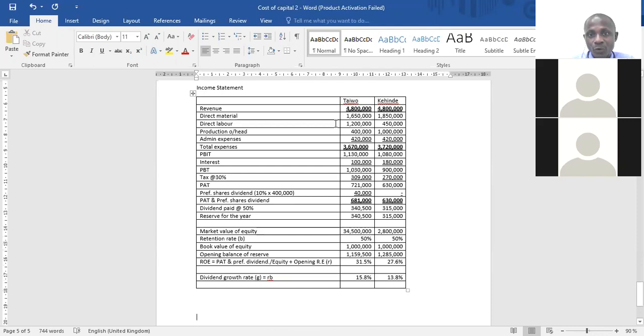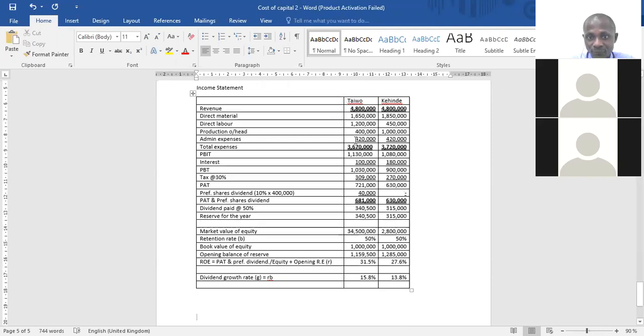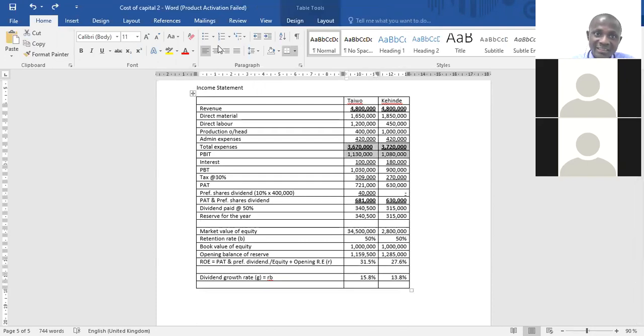That is the ability to know when to use Gordon and when to use a historical dividend. I've told you that Gordon is when it is possible for you to calculate your return on equity and the retention rate. These conditions are met in this question, so I cannot assume that dividend is constant.